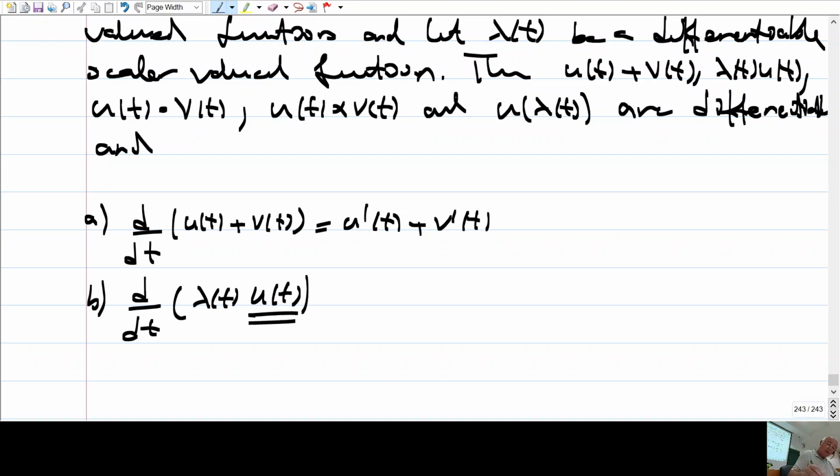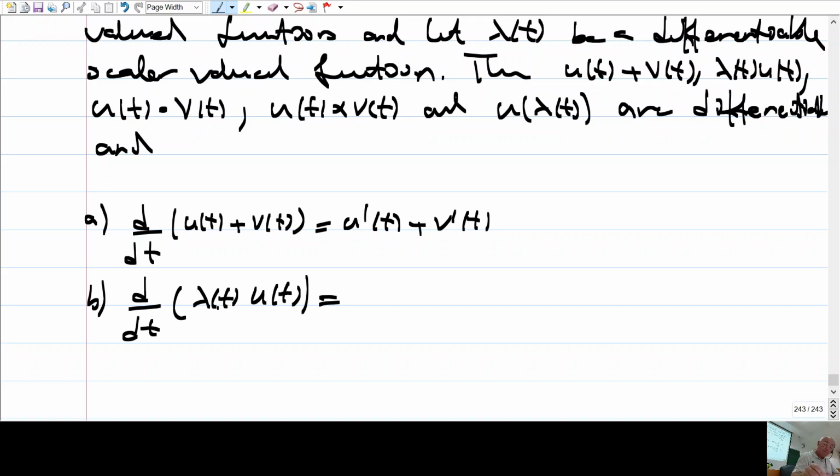So you multiply a vector valued function with a scalar valued function, you get a vector valued function. The derivative of this is again given by the Leibniz rule, right? Because we have a product. And what is the derivative?